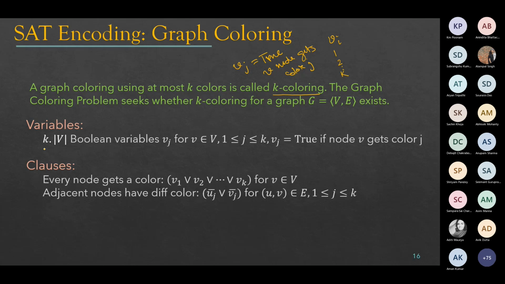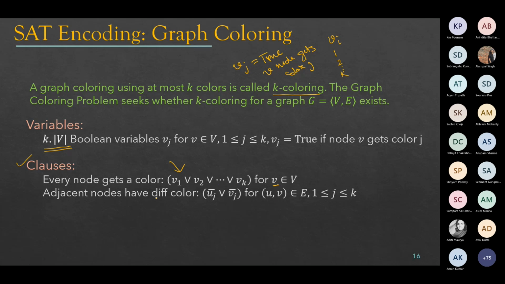So you'll be having K multiplied by V number of Boolean variables, right? Now let us focus on what would be our clauses, right? So the first thing that we need to ensure is that every node gets a color. And what basically we will be doing for every node V, we need to assert this clause that either of this assignment V1 or V2 or VK will be true, right?